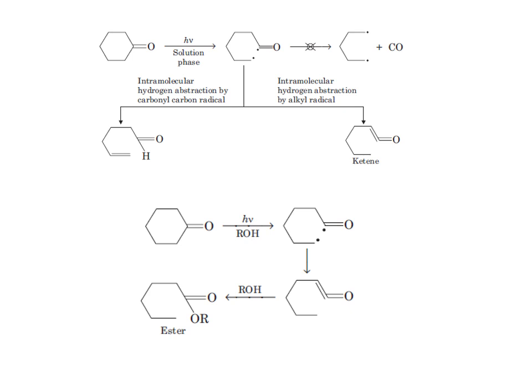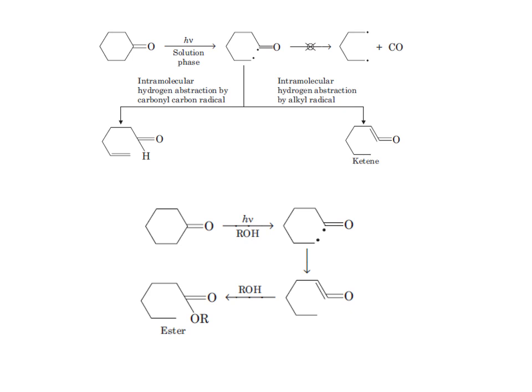Here we can see that if the cyclohexanone in presence of light in the solution phase produces this acyl alkyl radical, it will not go for the carbon monoxide release. This step is not going to happen. Here only the intramolecular hydrogen abstraction by the carbonyl carbon radical produces this unsaturated aldehyde, and the other one, the intramolecular hydrogen abstraction by the alkyl radical, produces the ketene molecule.